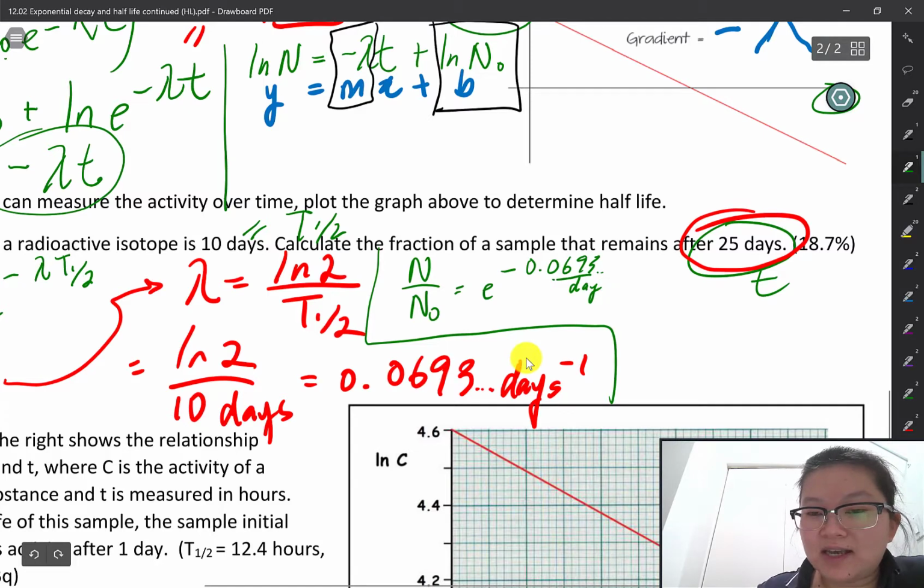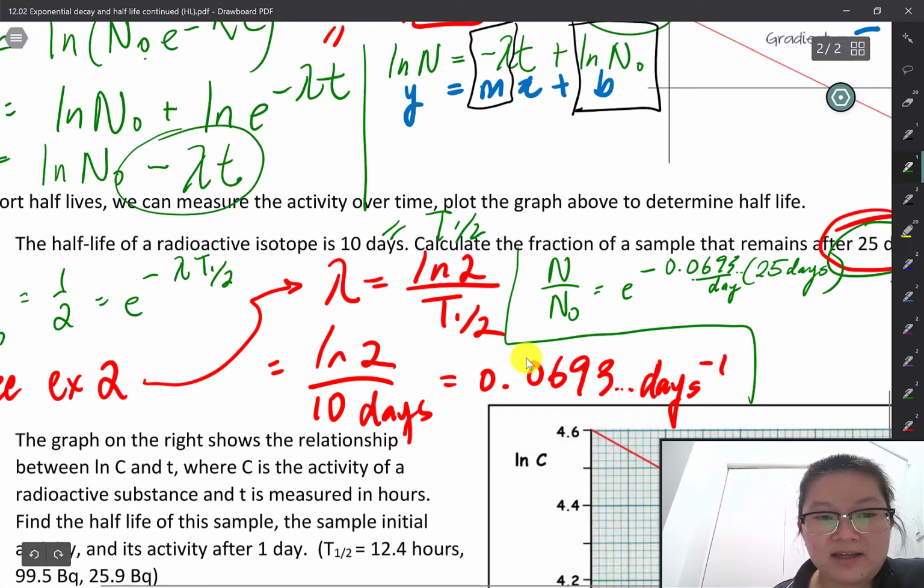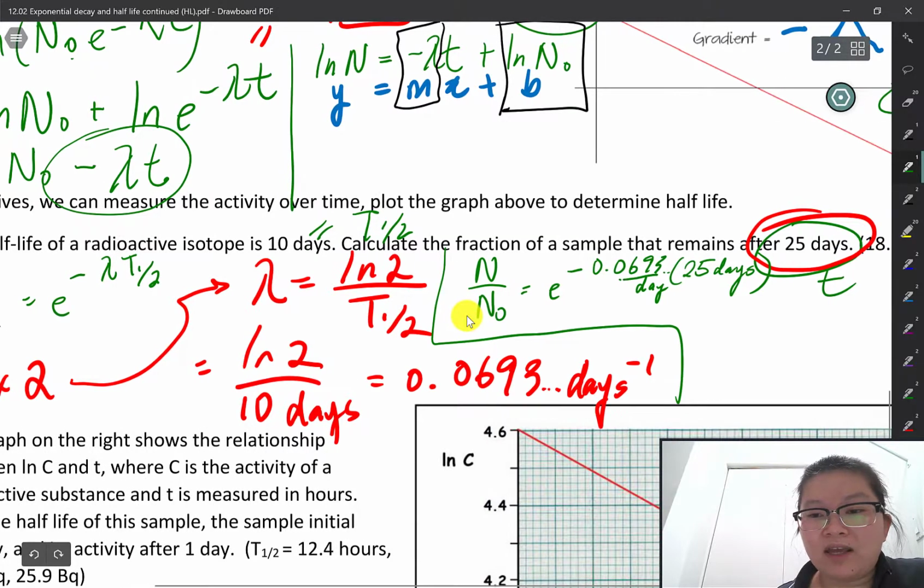Because that's going to cancel out with the actual time, which is 25 days. Okay, so notice that I plugged in lambda, which is 0.0693, the units is per day, and the time, which in our case for this equation is 25 days.